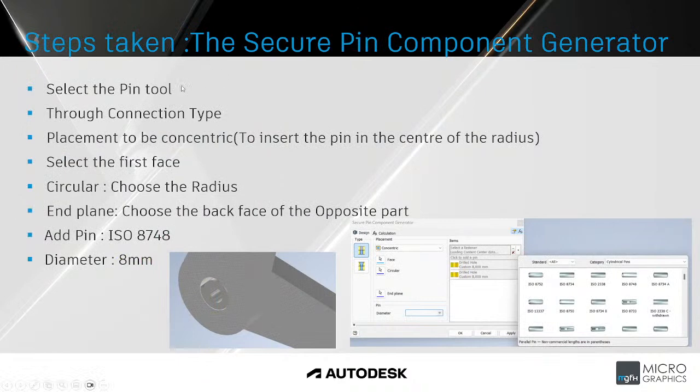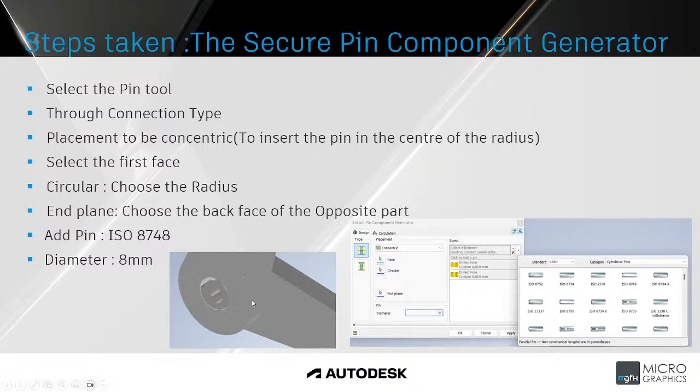So steps that you have to take for the secure pin component generator. First you select the pin tool. The type, I will select the through connection type, as you can see. Placement, I'll choose concentric. So the first option you have to do is your face. So I've selected this face because I want the pin to be inserted from that side.